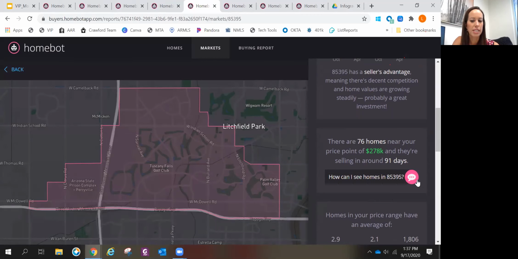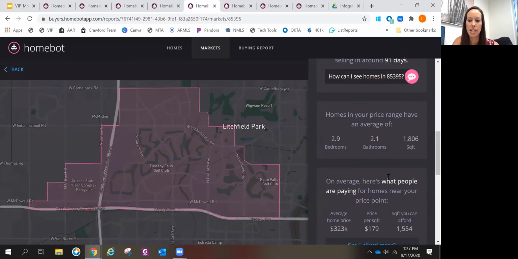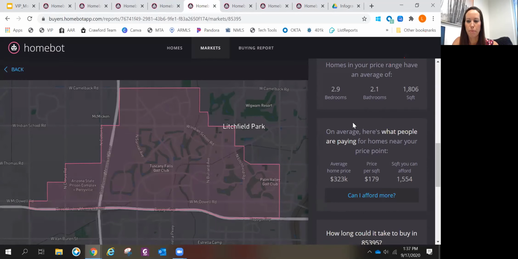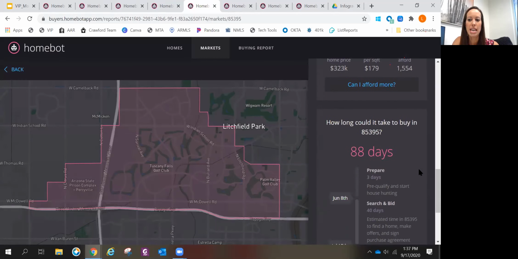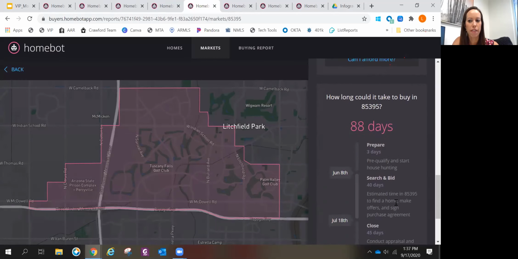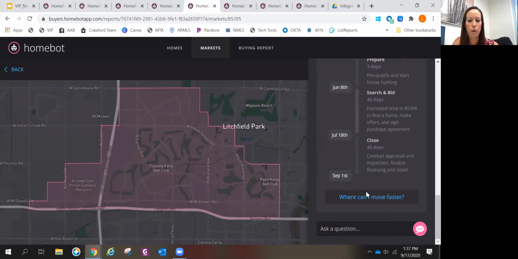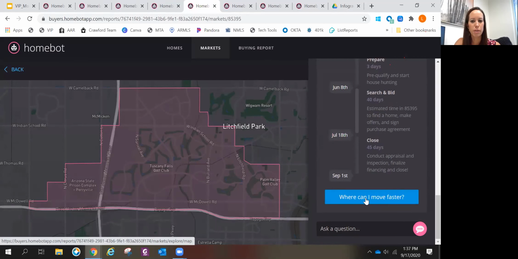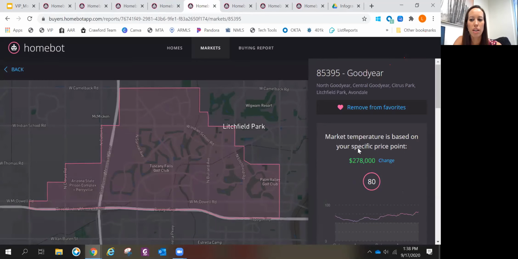If they click how can I see homes, that would come to you as a lead. It shows them what people are paying for homes and how long it could take to buy depending on what stage they're at here, where can I move faster. So it does give them some really good options for that. What I want you guys to think though is this is not going to show them information about specific homes that are for sale in those markets.